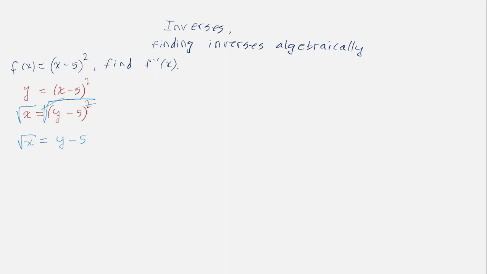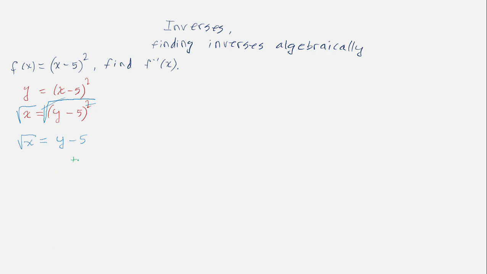And these parentheses are not even needed anymore, because we don't have to keep these two together to have them under the square, because the square is gone anyways. So now y is almost by itself. All we need to do is move this 5 to the other side. So let's do just that.